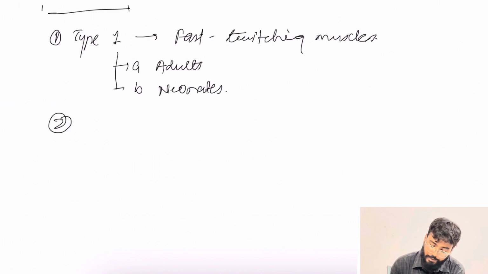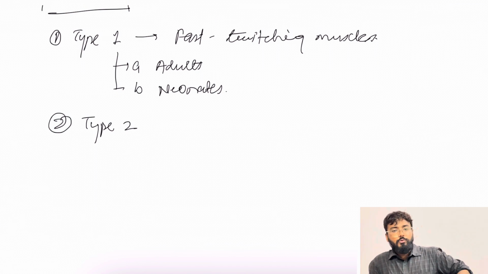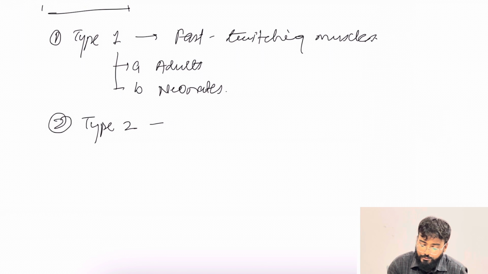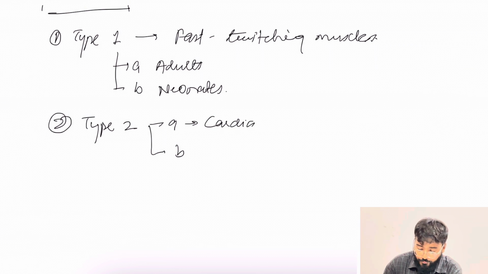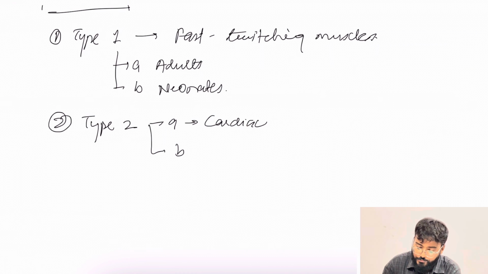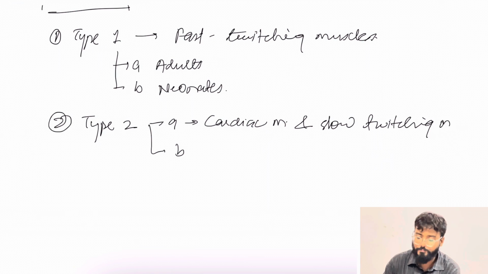Further, type 2 also has 2 subtypes, type A and type B. Type 2A is present in cardiomyocytes or cardiac muscle, and also in slow twitching muscles.